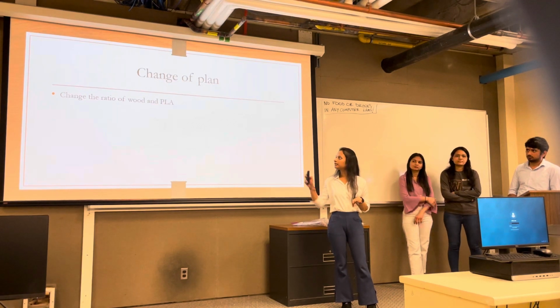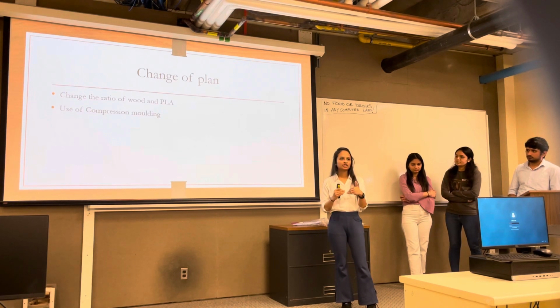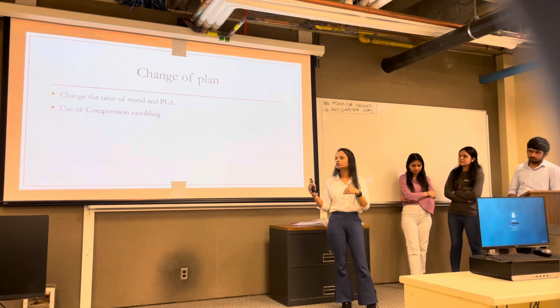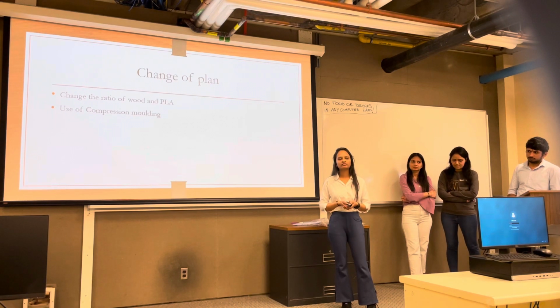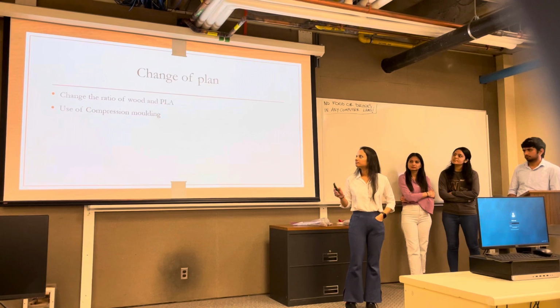So we went with the 70-30 ratio that is already available in the market. We did 70 PLA 30 wood with 3 different types of wood. We also made batches that are available in the physics lab, but we just placed them there because we didn't use them.